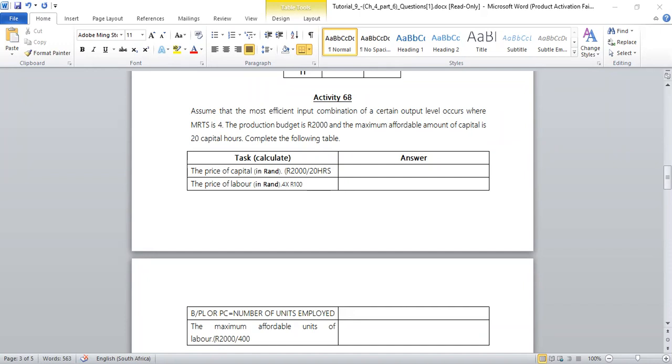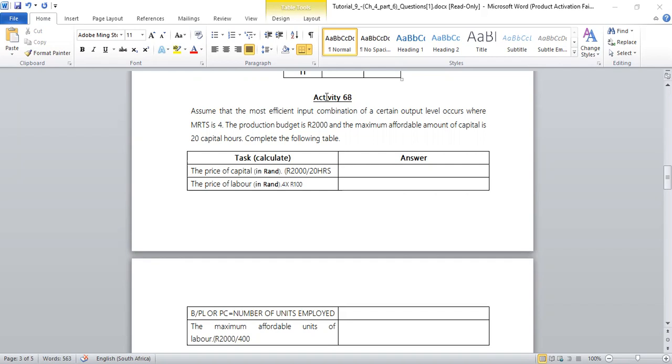If I say my budget divided by the price of either capital or labor, I would get the number of units employed. If I divide my budget with the price of capital, I would get the number of hours for capital employed. So admit all.